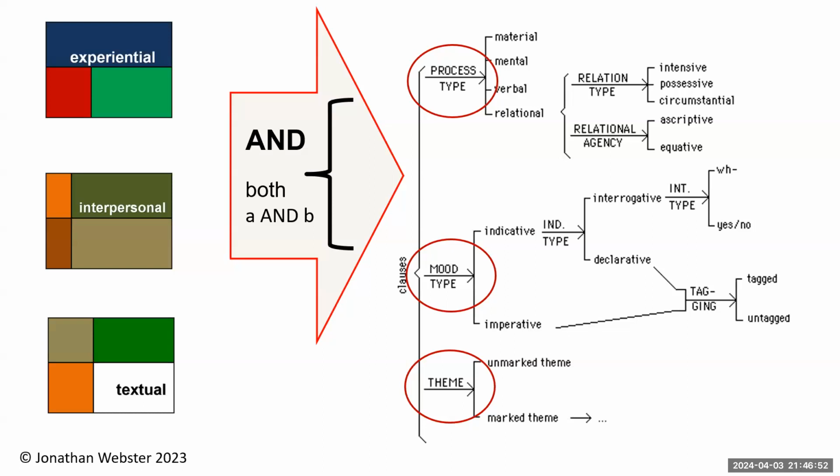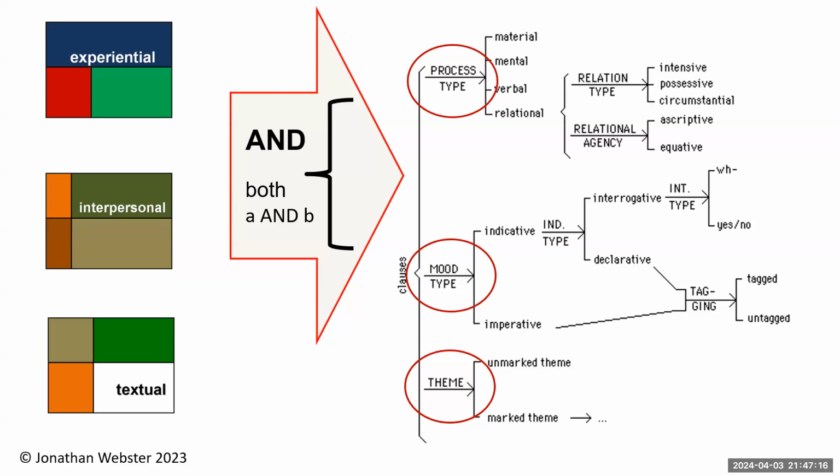And choices. So, for example, when you're speaking, it is always going to be ideational, interpersonal, textual. Choices of process, which kind of process type? Mood, is it going to be making a statement, indicative? Is it imperative?